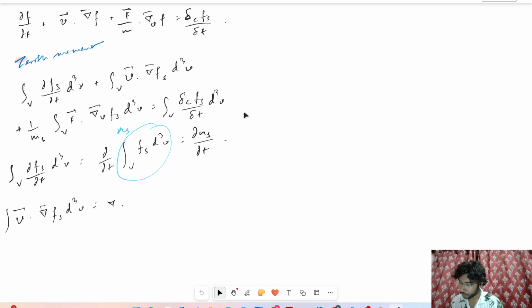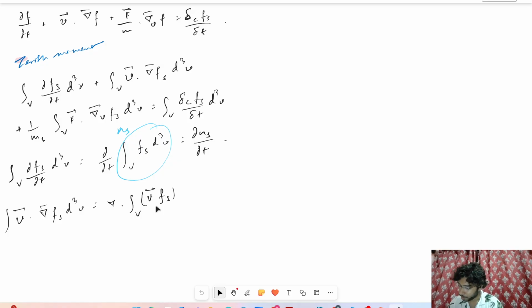We can actually take the v inside the gradient, because if we expand this, it will be f_s del dot v plus v dot del f_s. But f_s del dot v is equal to zero, because we saw that velocity and position are independent of each other, so del v by del x is zero.